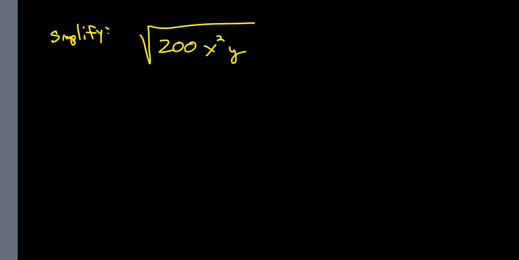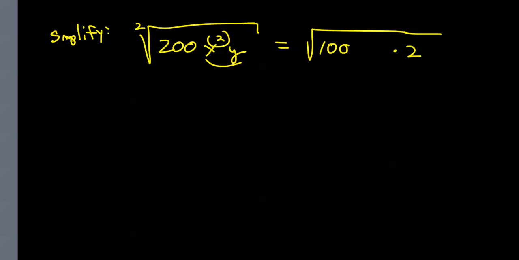And let's see, I'm looking for perfect squares here under that root sign. Well, 200 is not a perfect square, but 100 is, and I claim 200 is 100 times 2. What about the variables? X squared, well, I can take out both powers of x because 2 is a multiple of 2. And one factor of y has got to stay inside.